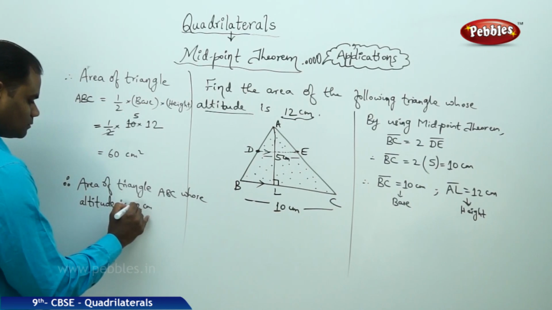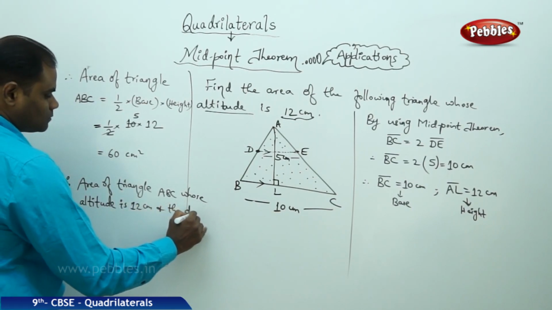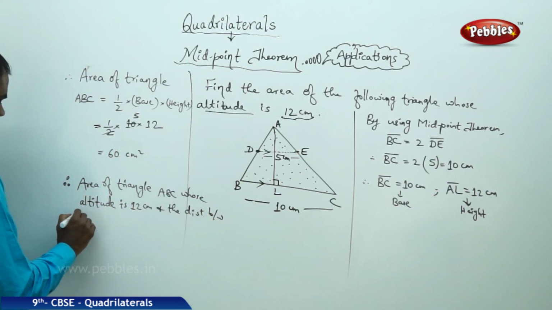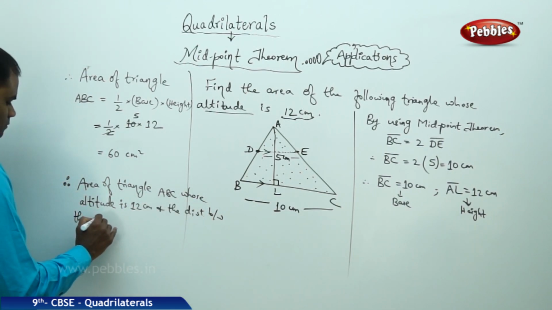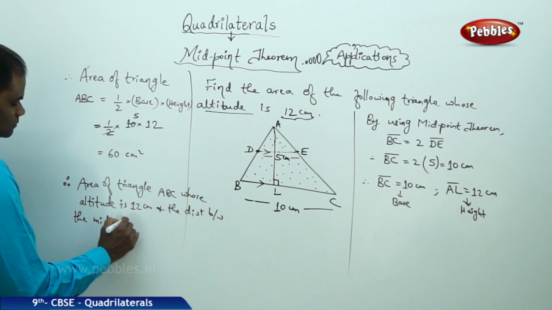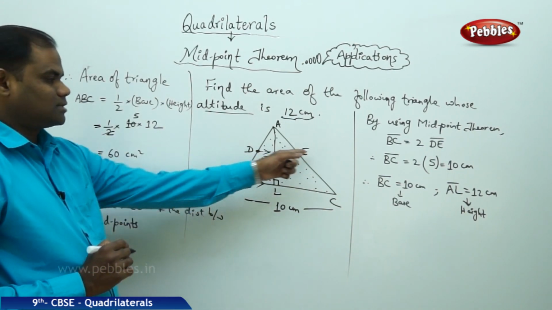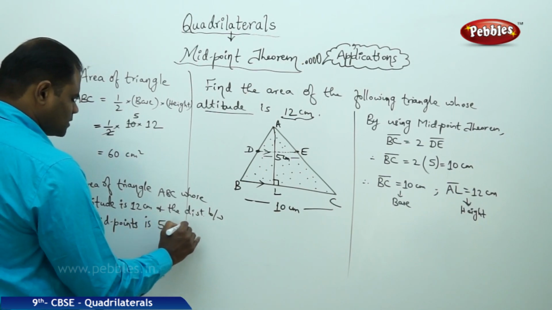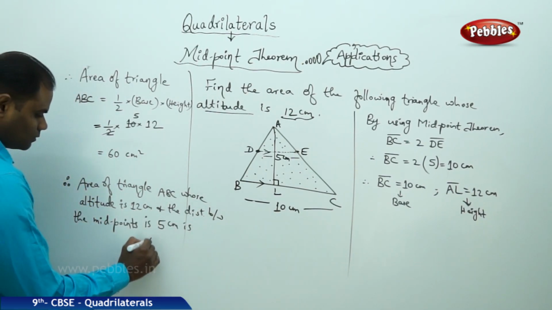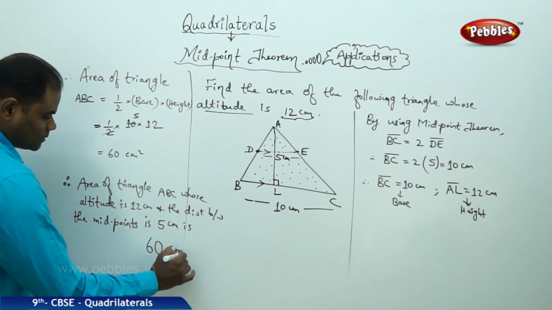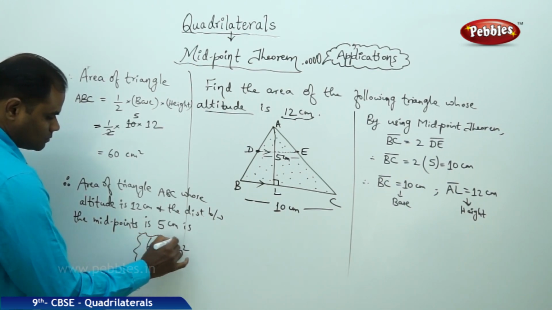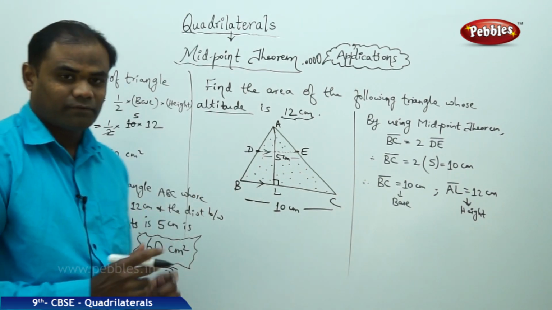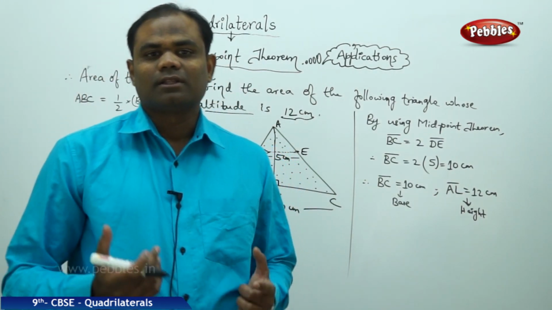and the distance between the midpoints D and E is 5 centimeters, is on the whole 60 centimeter square. That is how I can find the area using the midpoint theorem.